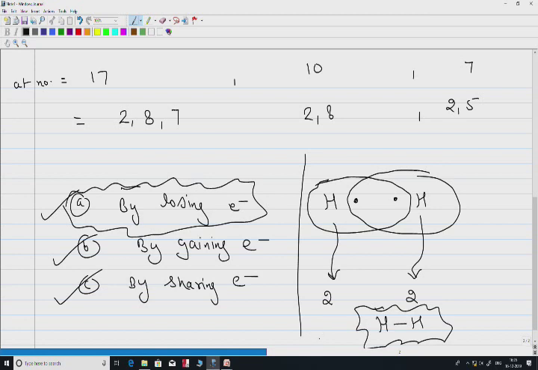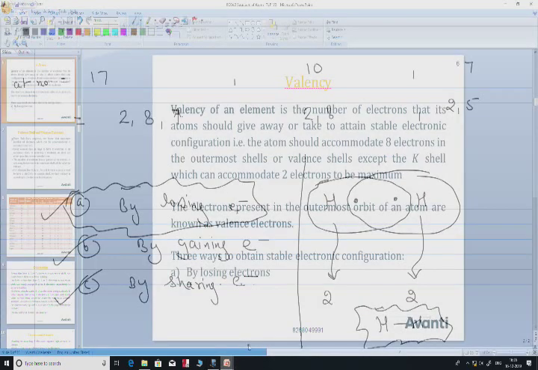Copy and then confirm. Copied. Okay. So let's move on.